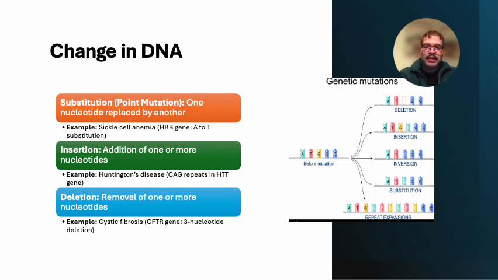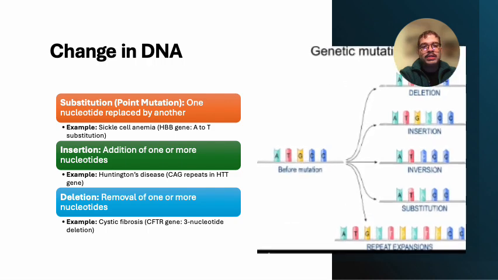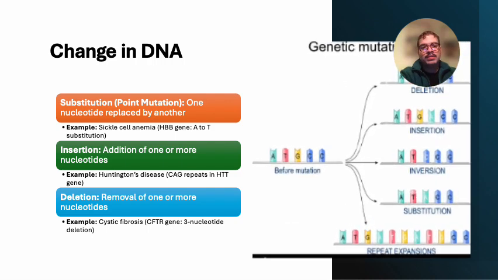We can see this in the example where the ATGCC sequence is affected and one of the nucleotides is replaced by another, which is the G and A, which is a 1-point substitution in the nucleotide sequence. An example of this is sickle cell anemia. The HBB gene changes with an A to a T substitution.